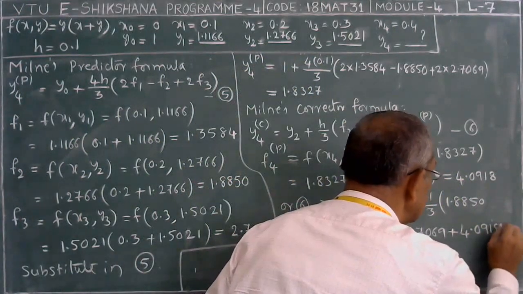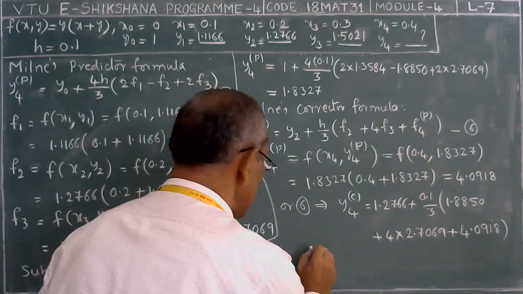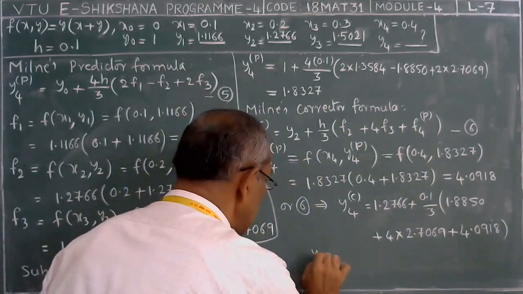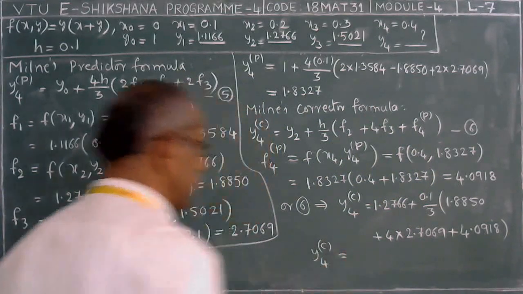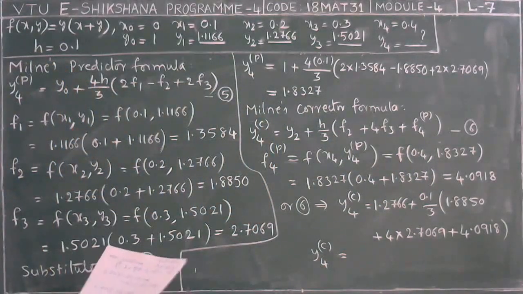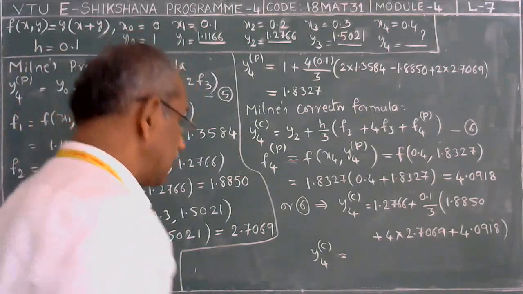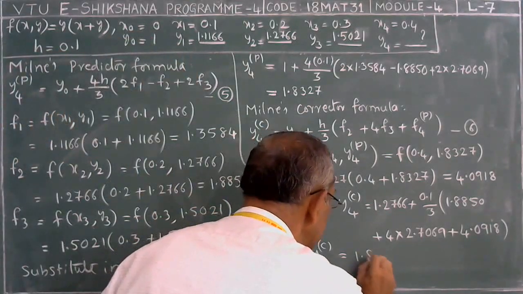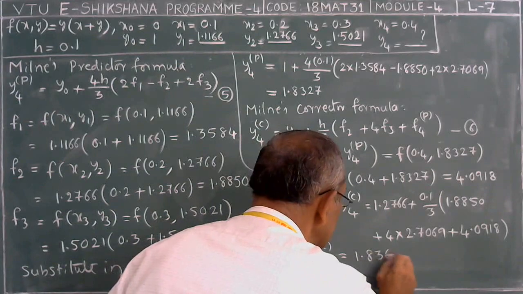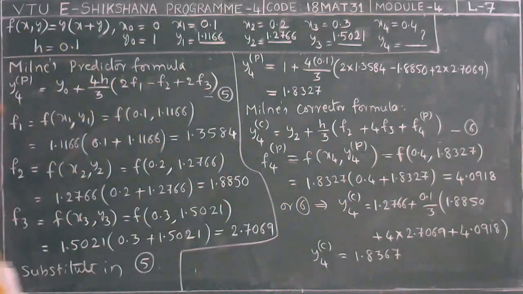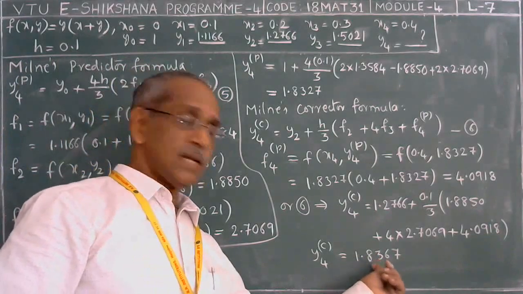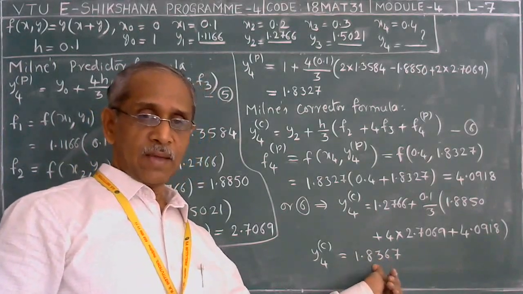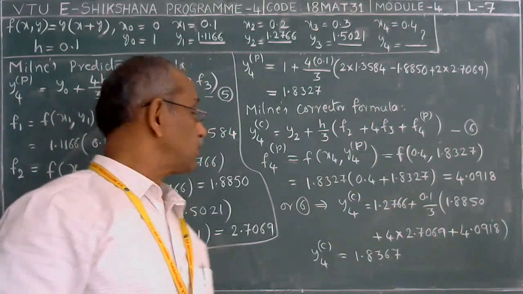If you compute carefully, y4c, the corrected value, is equal to 1.8367. Now let me fine tune this by considering this itself as the y4p and repeating the same procedure.